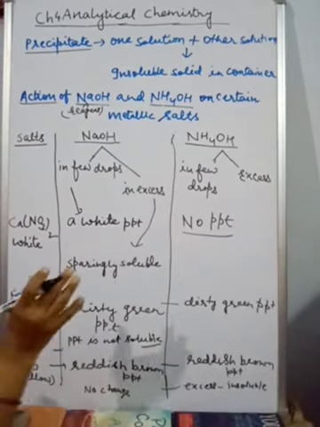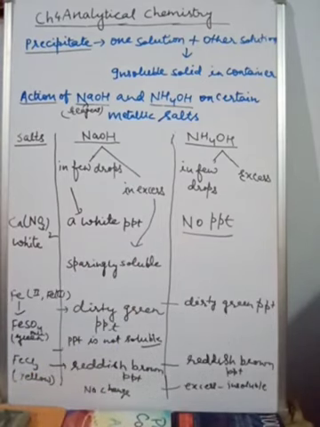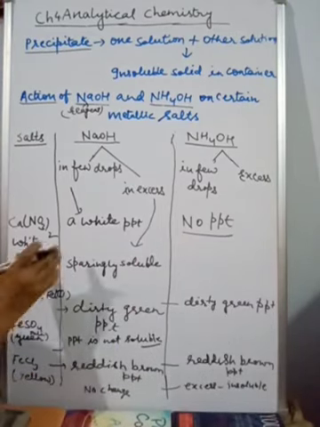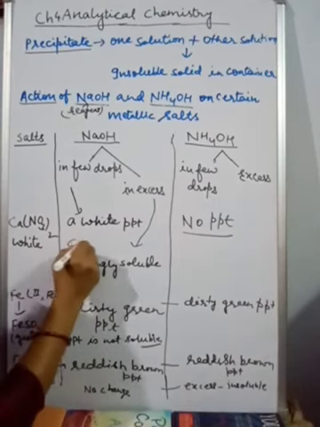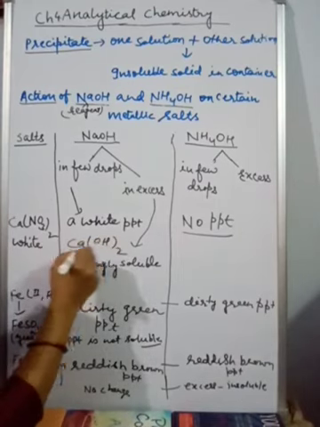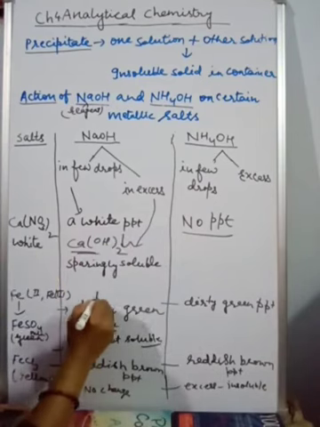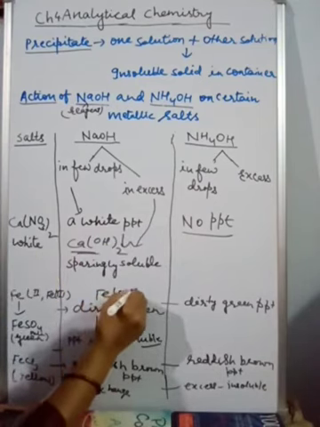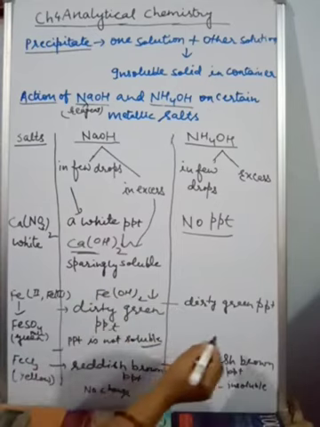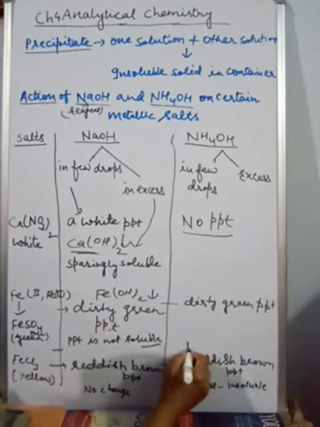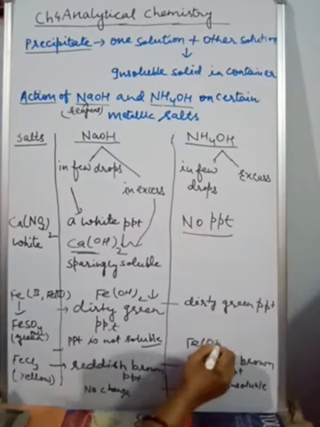Here, children, a question is arising: what is the meaning of these precipitates? Actually what you are getting is hydroxide. Like this dirty green PPT is ferrous hydroxide, and here also we will get ferric hydroxide.